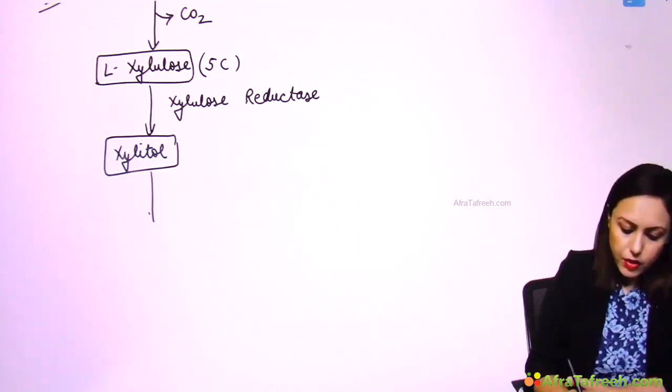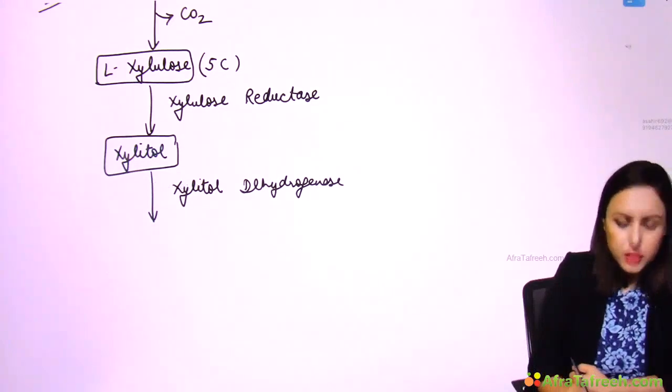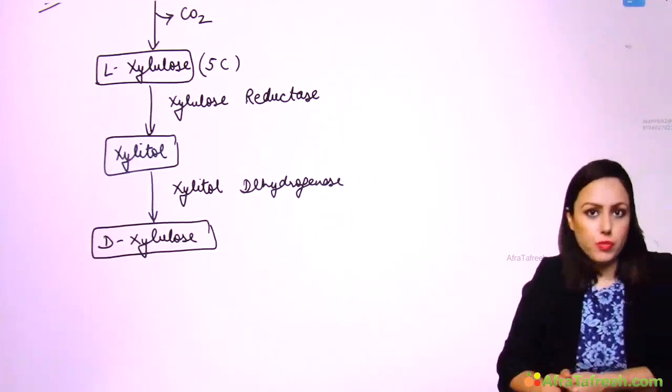Then xylitol dehydrogenase converts xylitol to D-xylulose. So all these are 5-carbon compounds.